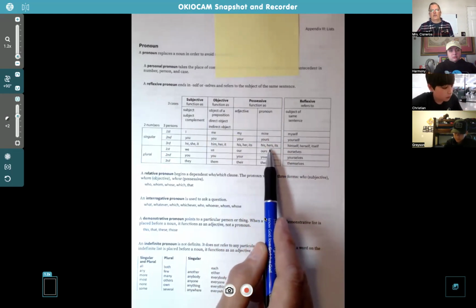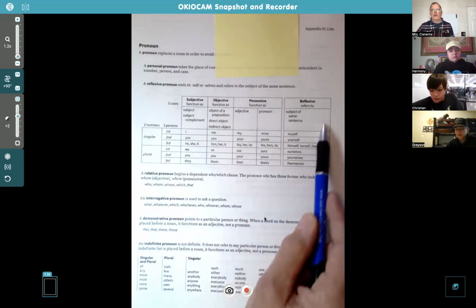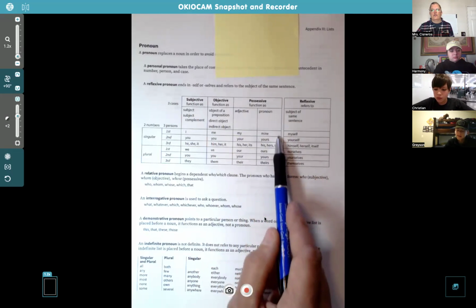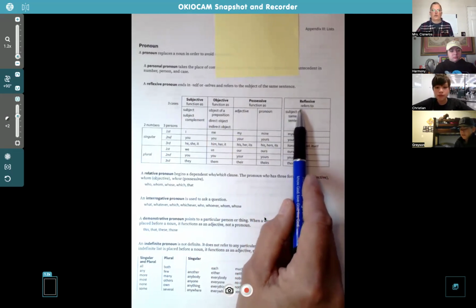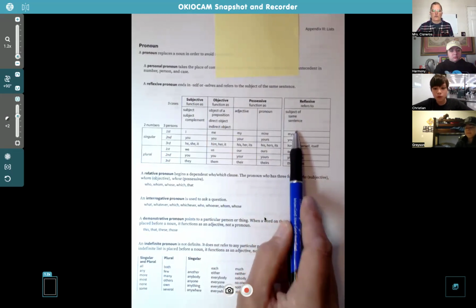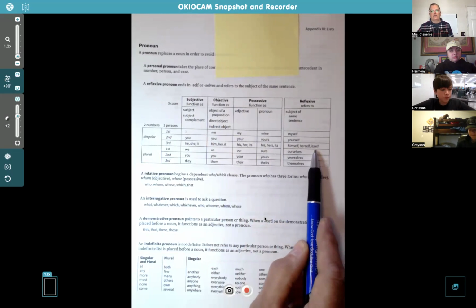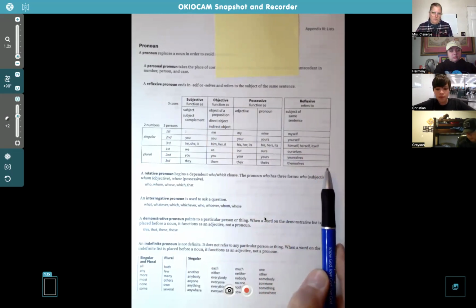Mine, yours, his, hers, its, ours, yours, theirs. And then here's the new one we're talking about today, reflexive. It's the subject of the same sentence. It refers to the subject, basically, like we talked about earlier. So myself, yourself, himself, herself, itself, ourselves, yourselves, themselves.